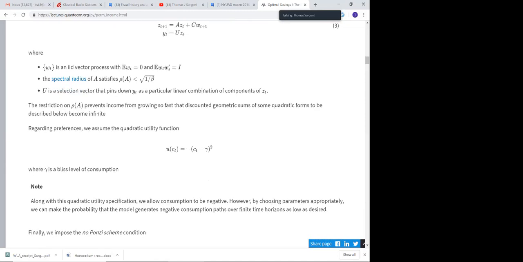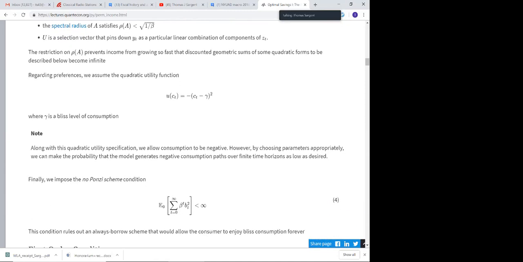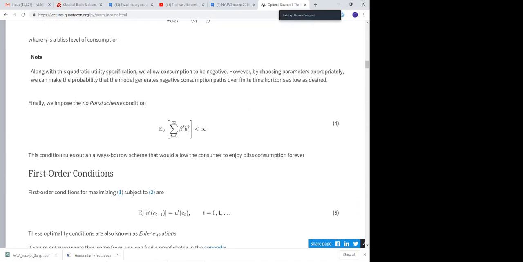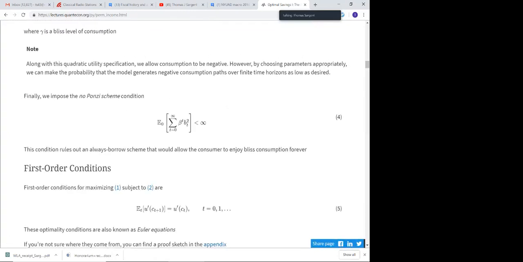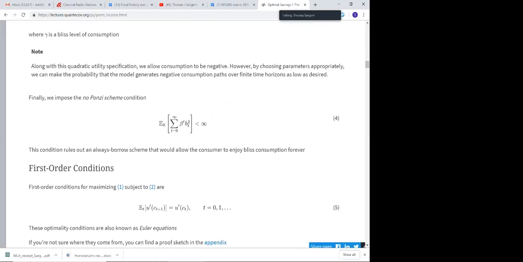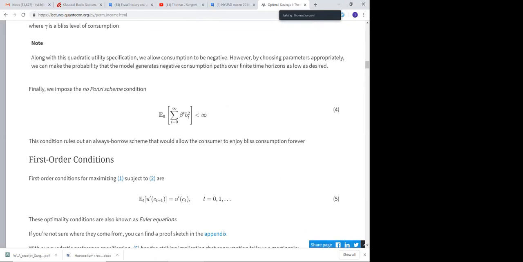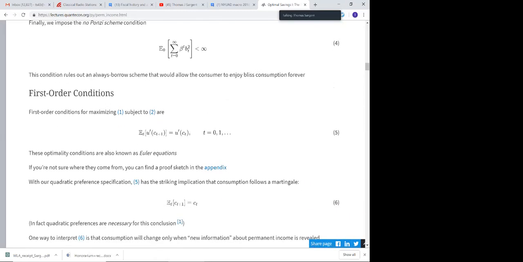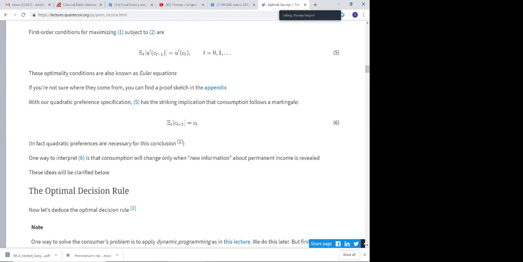Well, we say that. We're going to make the utility function quadratic, just like this. And we're going to impose a no Ponzi scheme condition, which we're going to write like this. There's a variety of them. This is a common one, that the square of your debt can't grow so fast that this quantity here becomes infinite. So then we just go through and we get first order conditions, which I'm going to come back to in another lecture very soon.